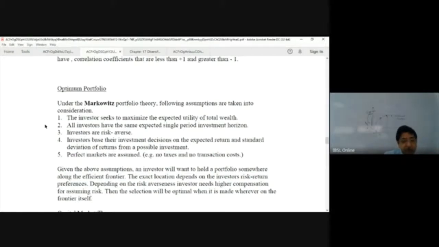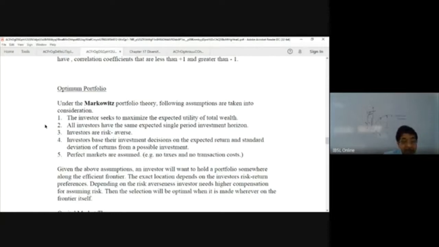But I think these points are not very difficult or not very confusing because those are generally accepted things. For example, when you say investors are risk averse, you know what you mean by risk averse. Risk averse means they like to have the return with the minimum risk. That is what you mean by risk averse.